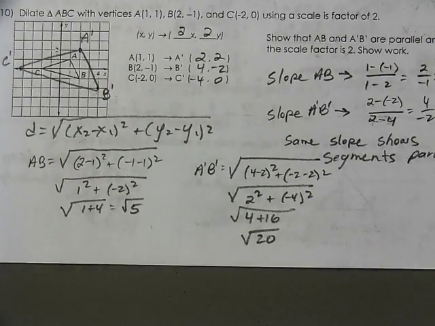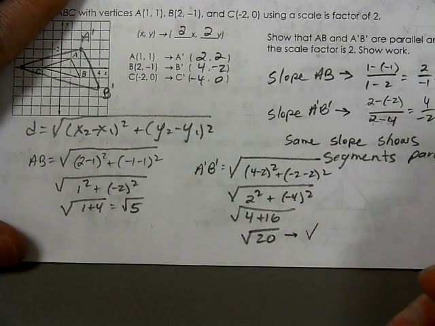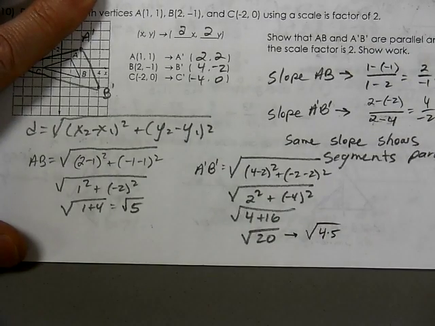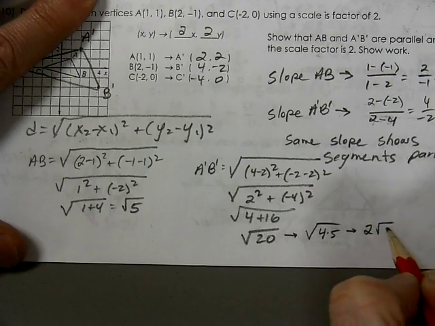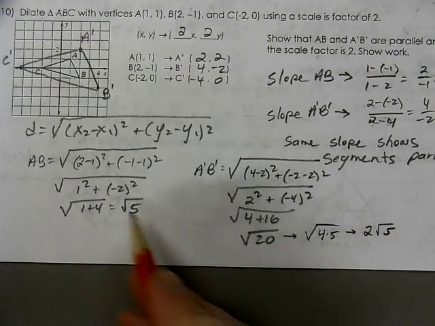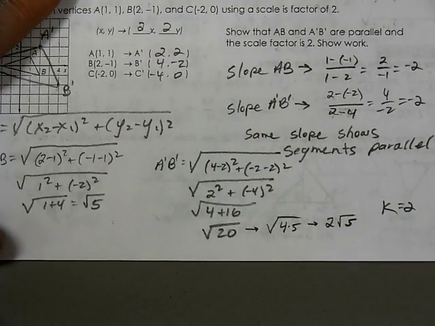Well, that doesn't look like that would be twice as big. But let's think about how we would reduce 20. 20 is 4 times 5. The square root of 4 is 2, so that's 2 times root 5. That's twice as big as root 5. So our scale factor is 2.